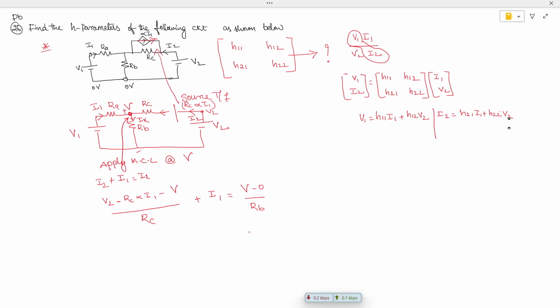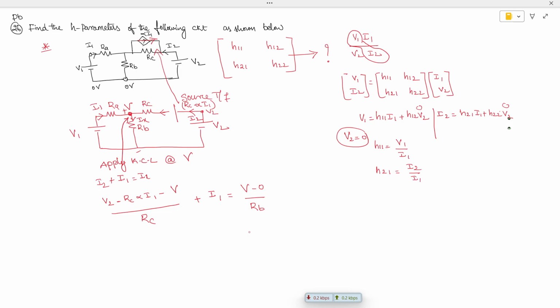So now, while we are performing here, initially we'll make V2 equal to 0. When you make V2 equal to 0, these two terms will become 0. Therefore H11 we are going to get as V1 by I1. The next parameter we are going to get is H21, which is nothing but I2 by I1.